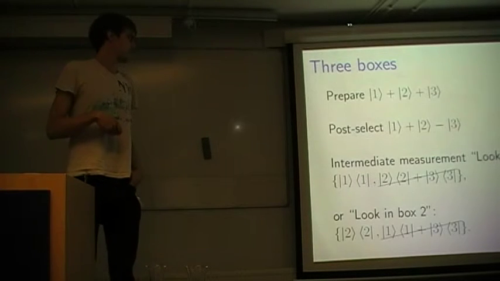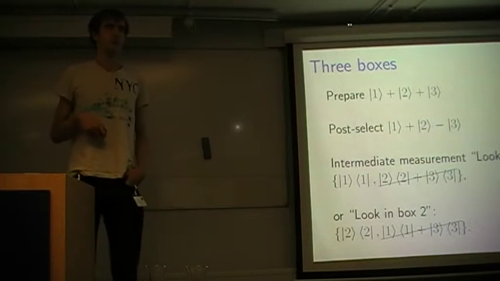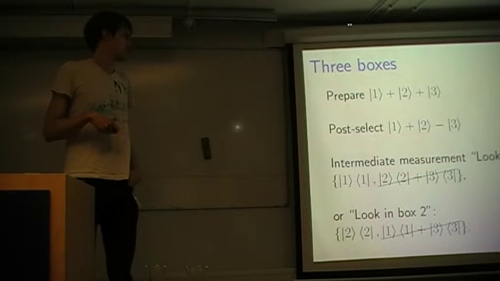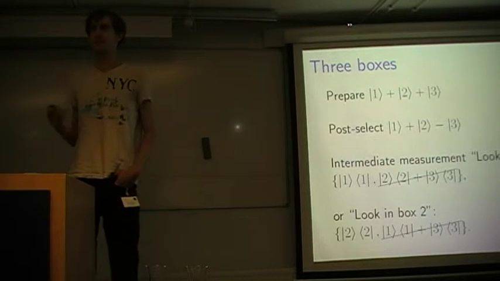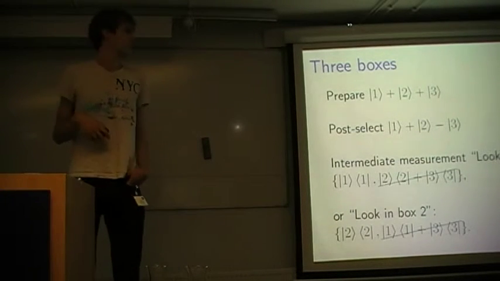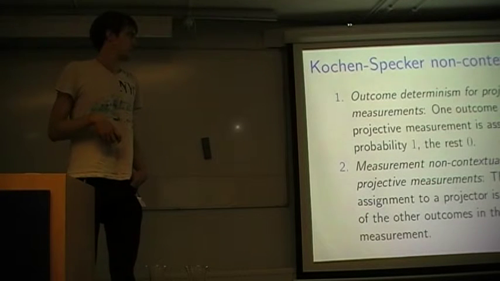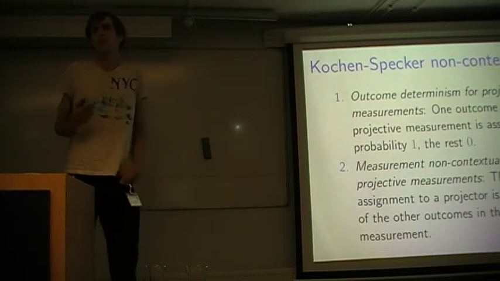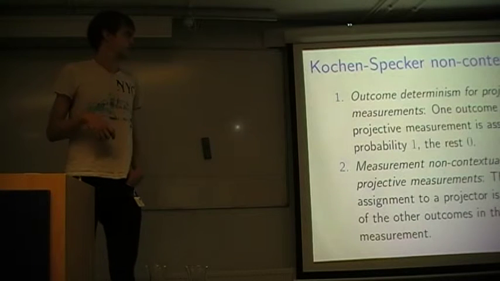So this is starting to look even more suspect, because this outcome always happens, so shouldn't that get value 1? But this outcome also always happens, so shouldn't that get value 1? But then since we can also do a measurement that includes both of these projectors, it sounds like we've got a problem. In fact, we don't have a problem. This isn't a proof of Kochen-Specker contextuality.